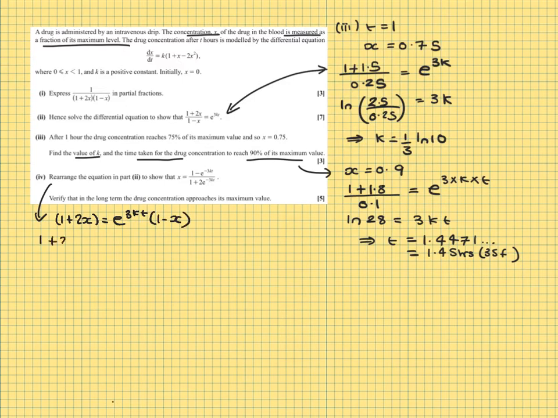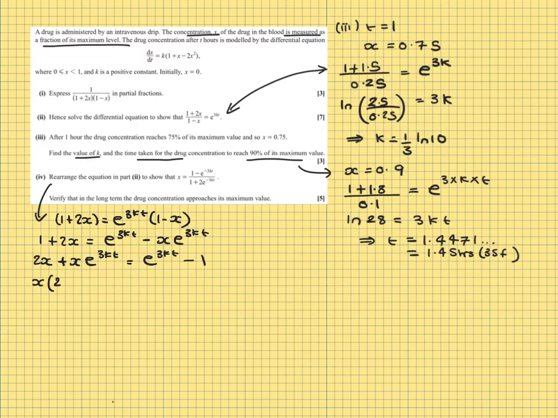Then 1 plus 2x equals e to the 3kt minus x e to the 3kt, expanding the brackets. Then I'm going to collect the terms that feature x on the left-hand side. Anything else moves across to the right-hand side like so.